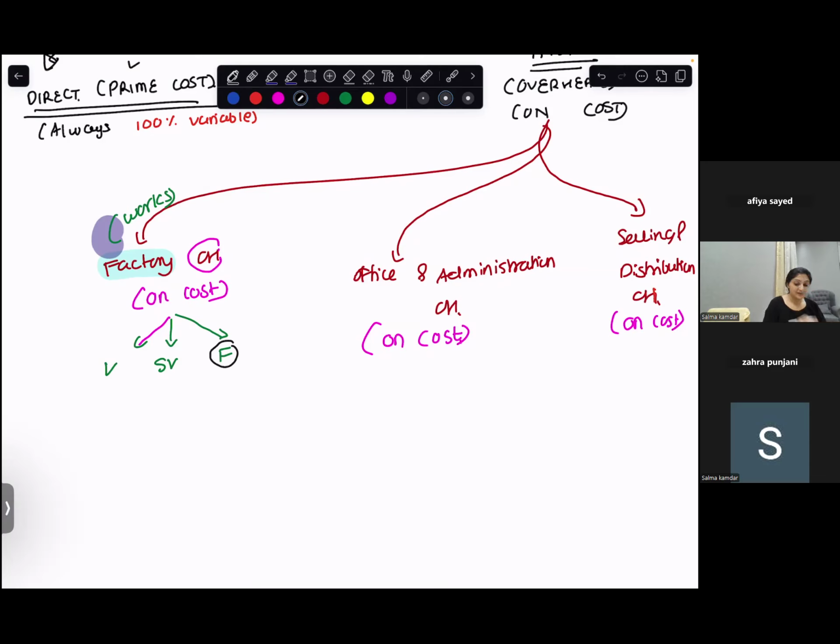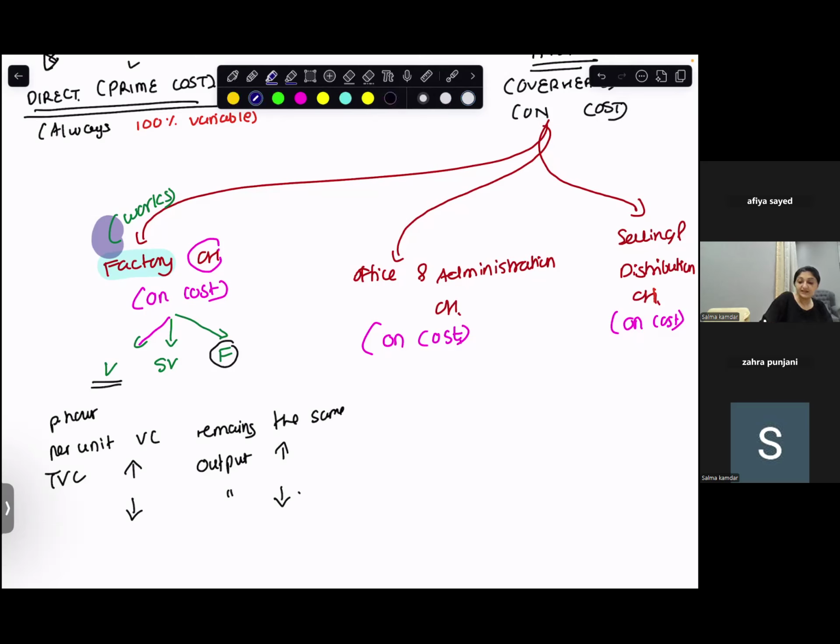Per hour, the price is the same. So per hour, or I would say per unit, the variable cost remains the same. But what about the total variable cost? Total variable cost will increase if output increases, and it will decrease if output decreases.